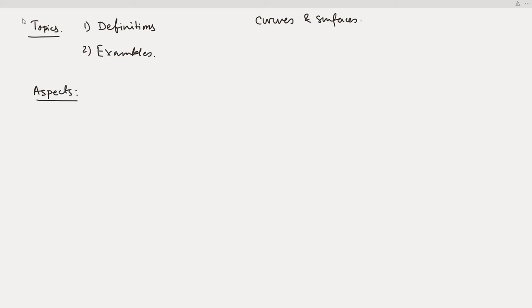So basically there are two aspects, as I said. The first one is classical differential geometry, and the second one is global differential geometry.